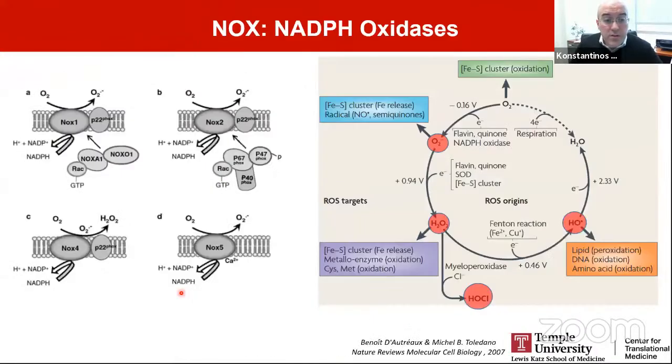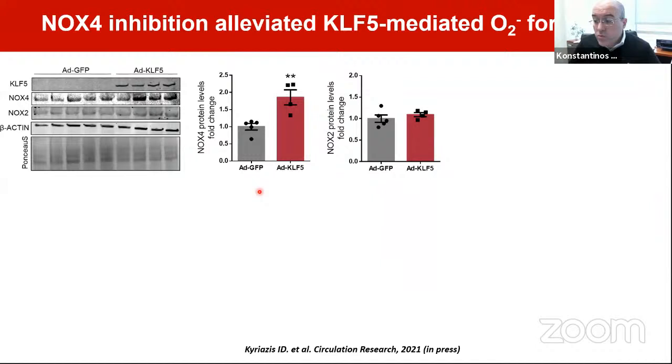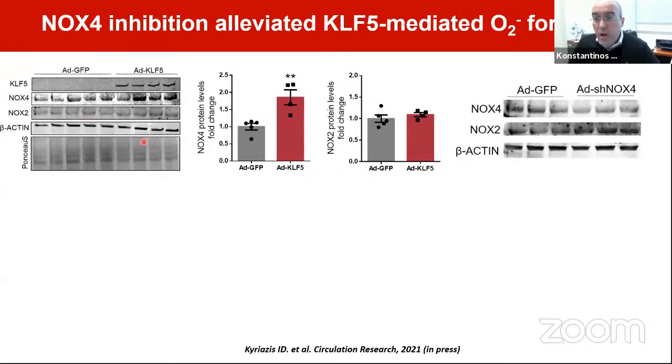NOX4 is a member of the NADPH oxidase family. It mediates the first step of ROS formation by transferring electrons to oxygen. To confirm that KLF5 is indeed a regulator of NOX4, we overexpressed KLF5 in cells, and we observed an increase of NOX4, with no change in the expression of NOX2.